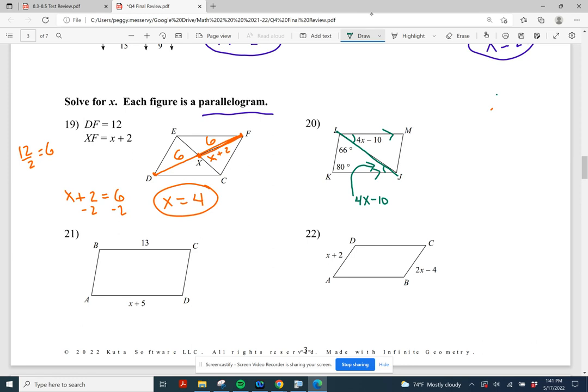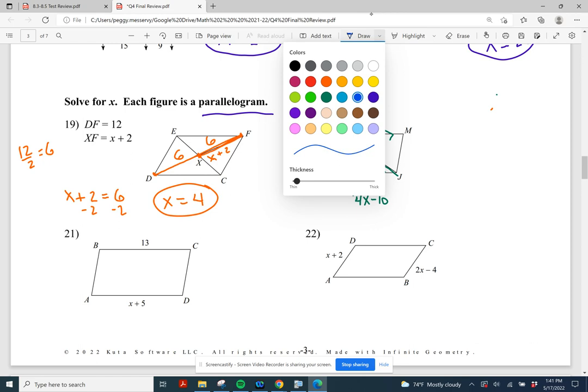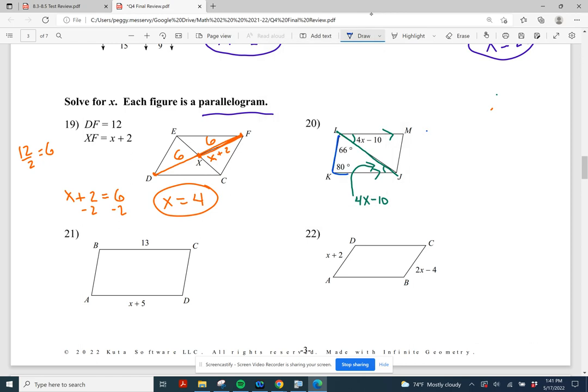So I'm going to set up the equation where the 3 angles of my triangle, now I'm talking about this triangle right here, those 3 angles have to add up to 180 degrees. So 66 plus 80 plus 4x minus 10 have to equal 180 when I add them up.